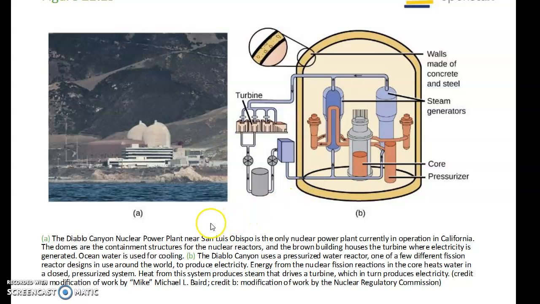Here you have the ability to harness that power to do it under a controlled fashion so that you generate heat and have steam generators for that. You've got walls so that it's all contained, and the steam that's heated powers turbines that are outside of the system.